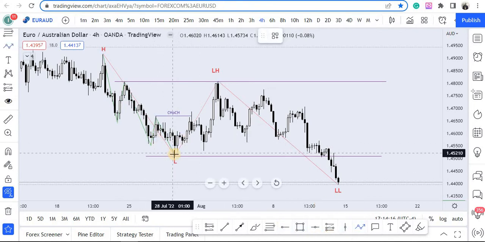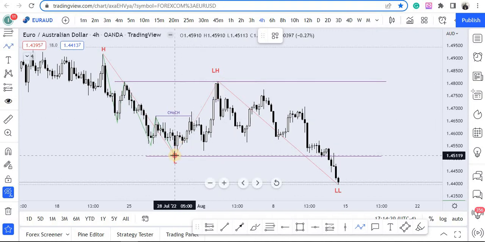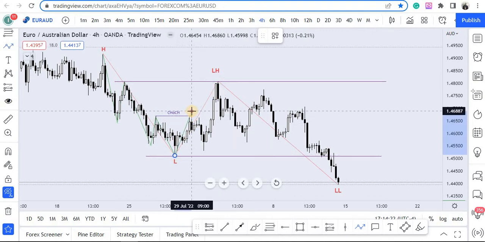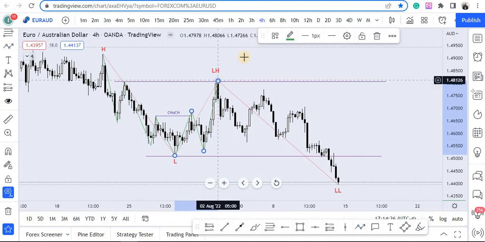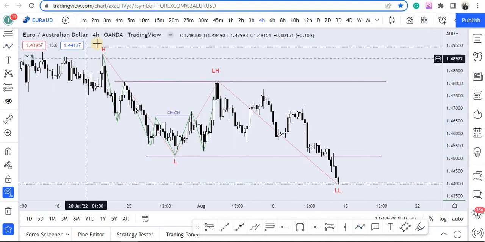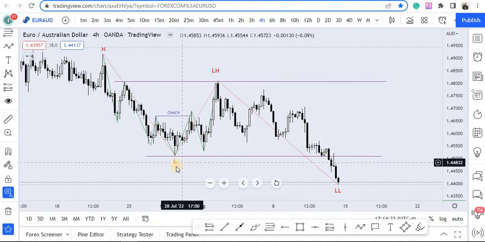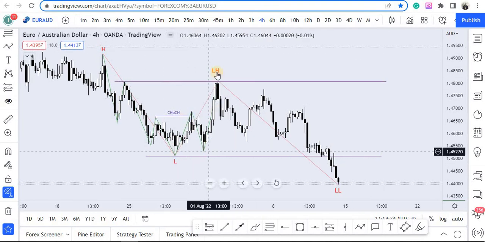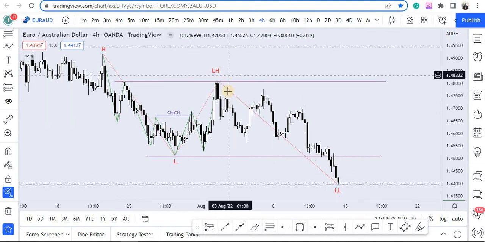The internal structure continues. This leg has another internal structure, which is a 1, 2, 3 drive. This internal structure has 1, 2, 3, 4, 5. Then we have a 1, 2, 3 drive, which is a correction.